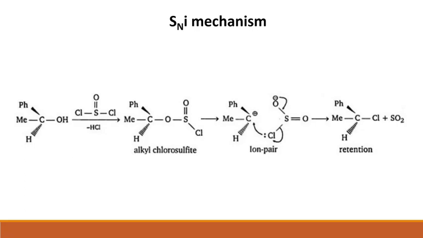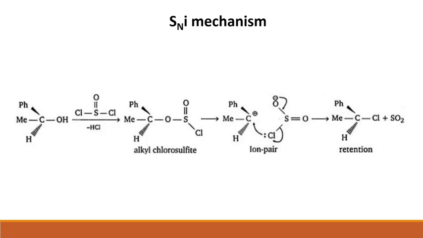On the basis of experimental facts, the mechanism of SNi is formulated as follows. In step 1, the first step is formation of chlorosulfite ester, that is the intermediate. In the second step, dissociation of the chlorosulfite ester forms an ion pair.